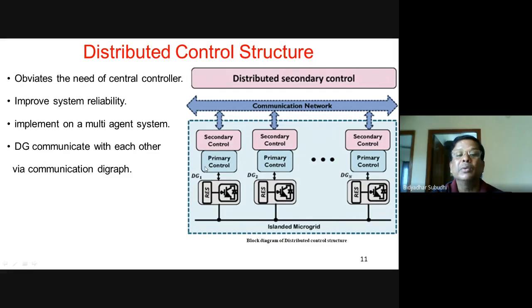And if some of them go wrong, the remaining also continue to function. Therefore the reliability is more, and this we can implement by employing multi-agent system based control, with communication among all the participating distributed generating sources, or with the secondary control, the distributed control.